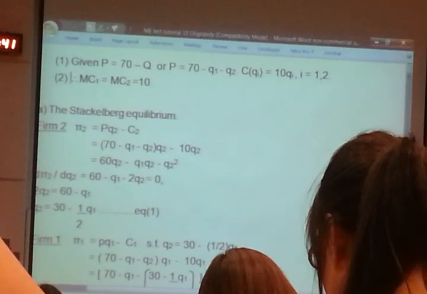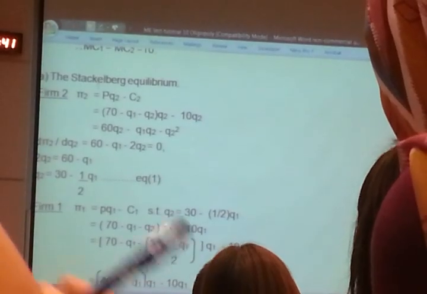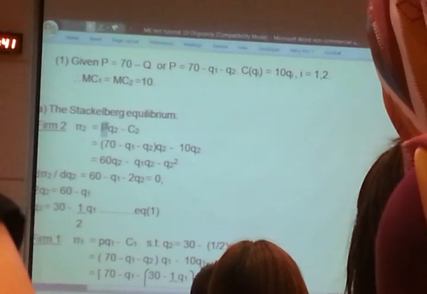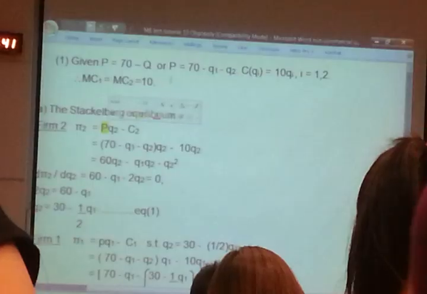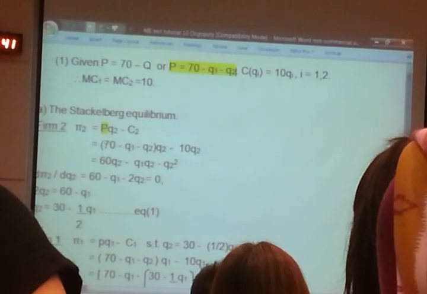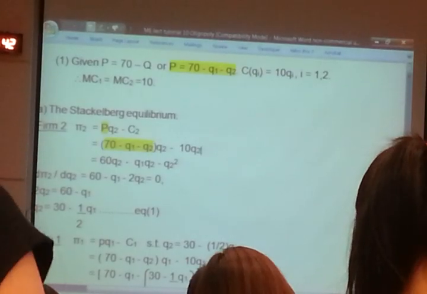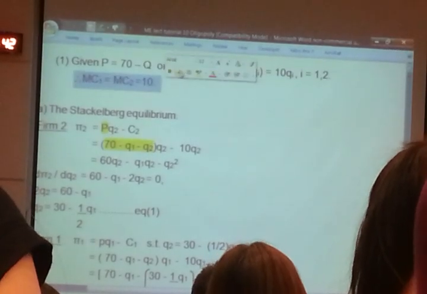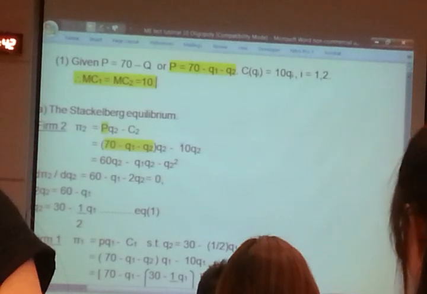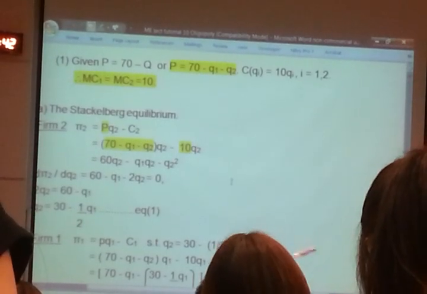Now, it means total revenue minus total cost. Now we already said P is this, times Q2, minus average cost. Average cost is 10, so average cost is 10 times Q2. Okay, so very simple.